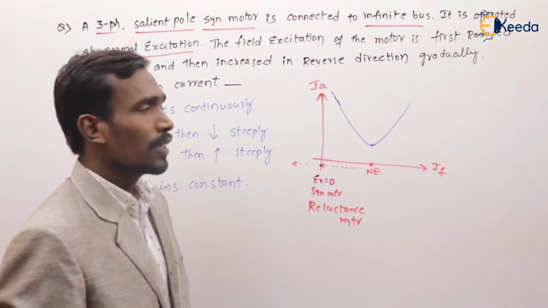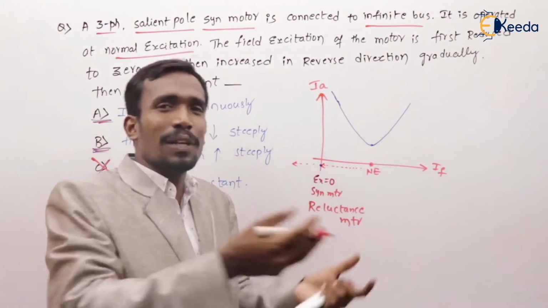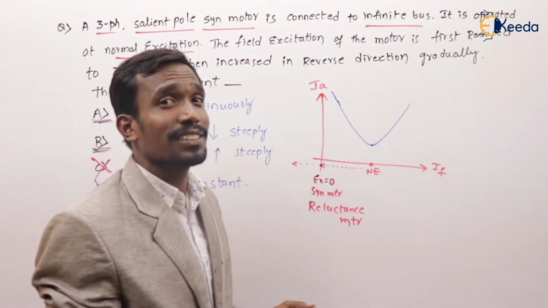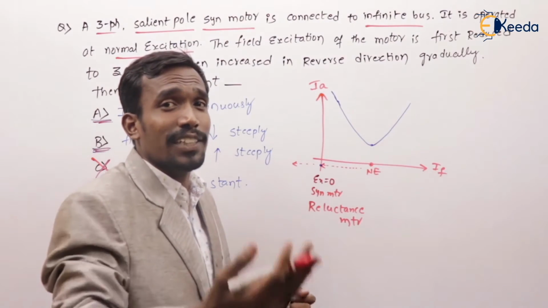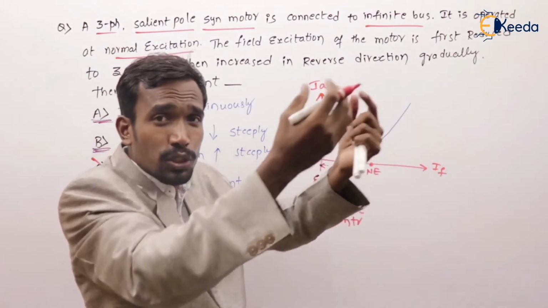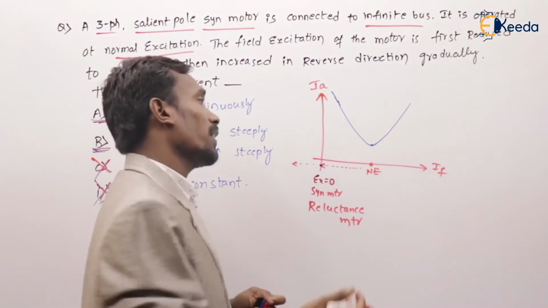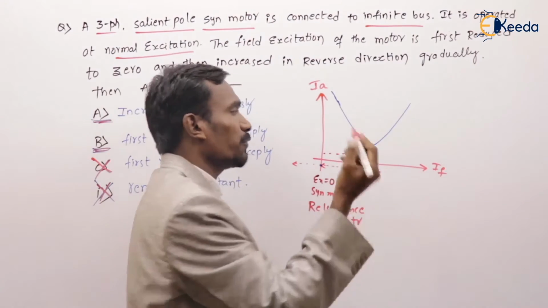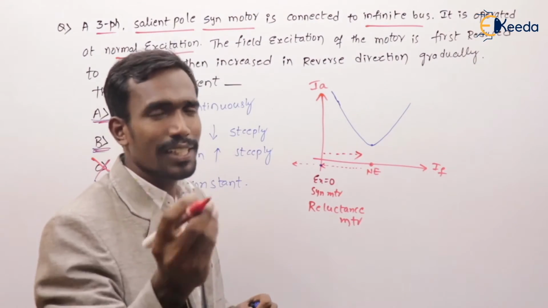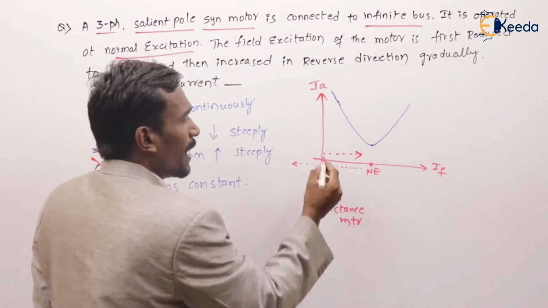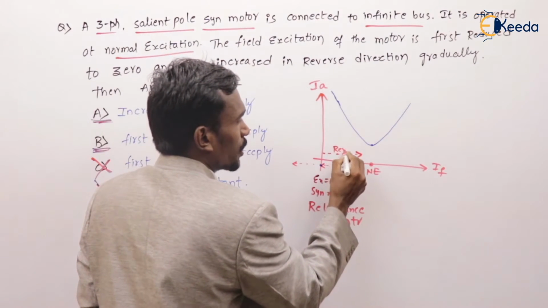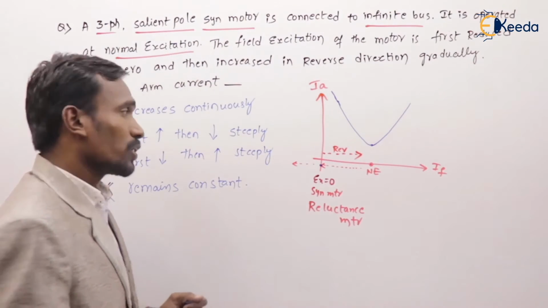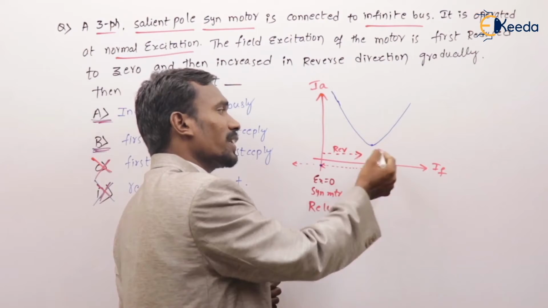Then when the excitation is increased in reverse direction, the armature current should decrease because we are increasing the excitation. Even though it is increasing in reverse direction, the action is similar to the forward direction. So first increasing, then after decreasing.